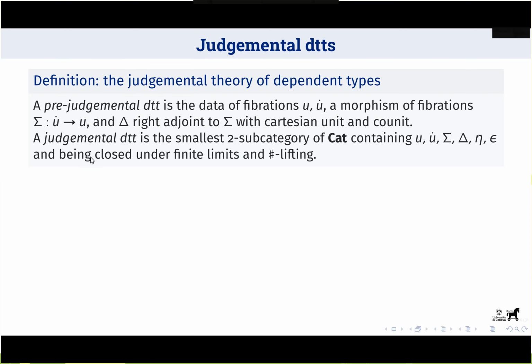And then we want to encode some deductive power because we want to be able to calculate with diagrams. And so we say that a judgmental dependent type theory is the smallest 2-subcategory of Cat containing all the things that we started from, such that it's closed under finite limits and sharp lifting. And by sharp lifting, I just mean the property of pulling back 2-cells along the direction.